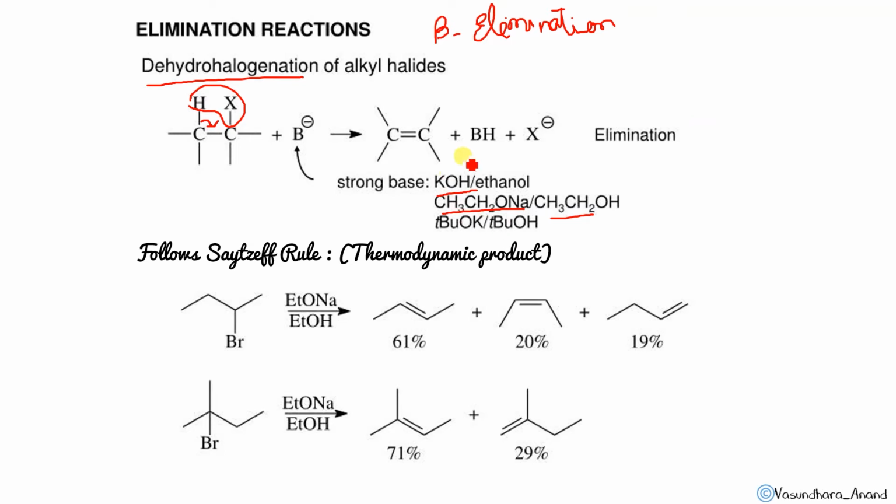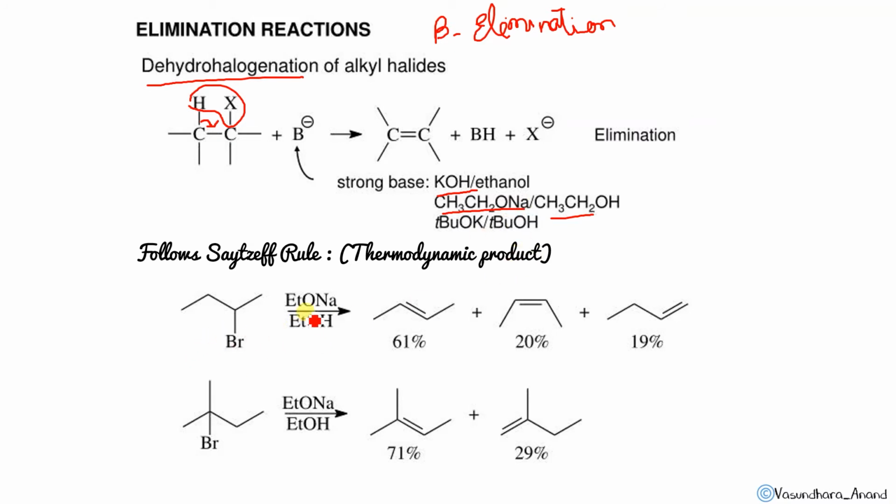Okay. Now, I'm going to tell you that it follows the Saytzeff rule. That means the alkene formed by the dehydrohalogenation should have a greater number of alkyl groups. That will be the stable product, and that is also called the thermodynamic product. Saytzeff products are also known as thermodynamic products.